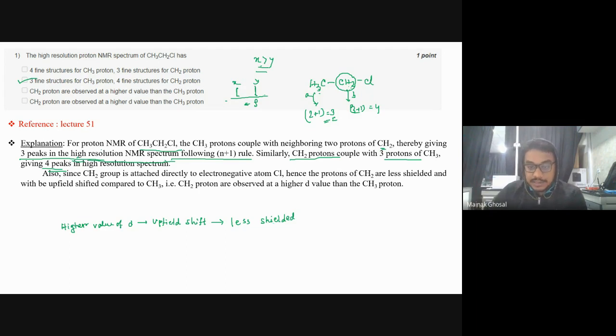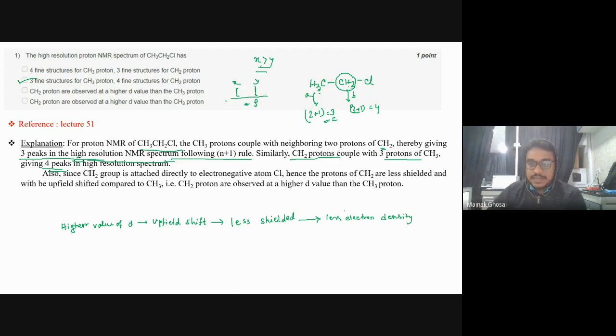Now from less shielded, you can guess which proton has less electron density. High electron density means there will be a movement of electrons, so they will create a magnetic field and shield more, right? So less shielding means there will be less electron density. Now we have to find among CH3 and CH2 which will have less electron density.